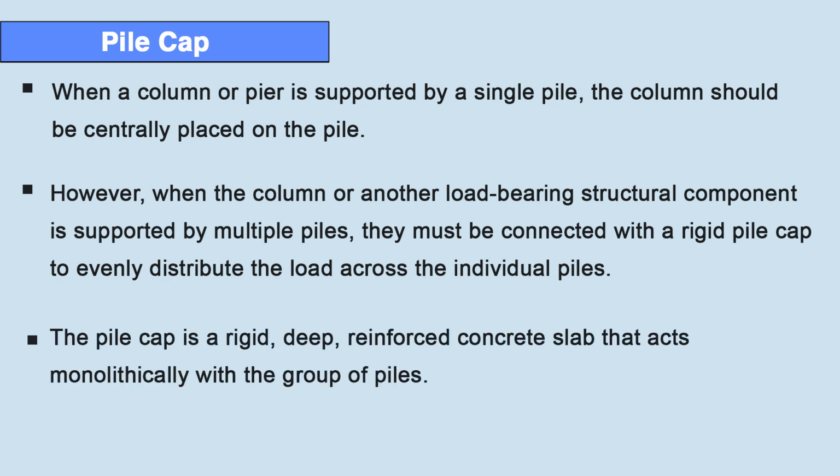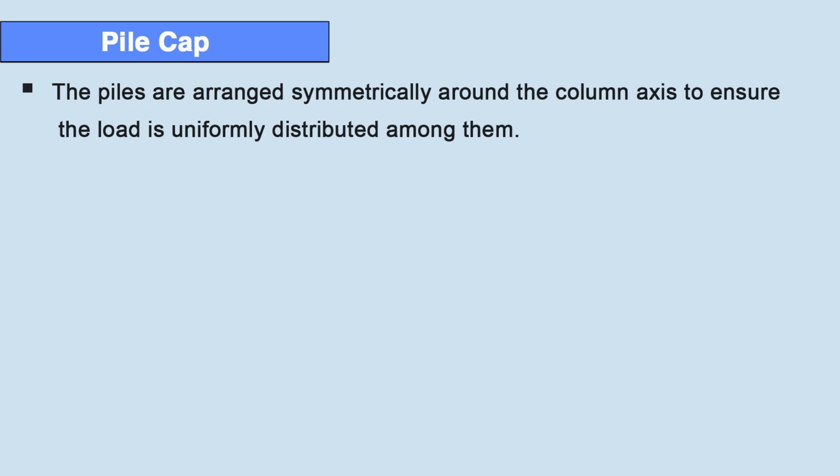The pile cap is a rigid, deep, reinforced concrete slab that acts monolithically with the group of piles. The piles are arranged symmetrically around the column axis to ensure that the load is uniformly distributed among them.